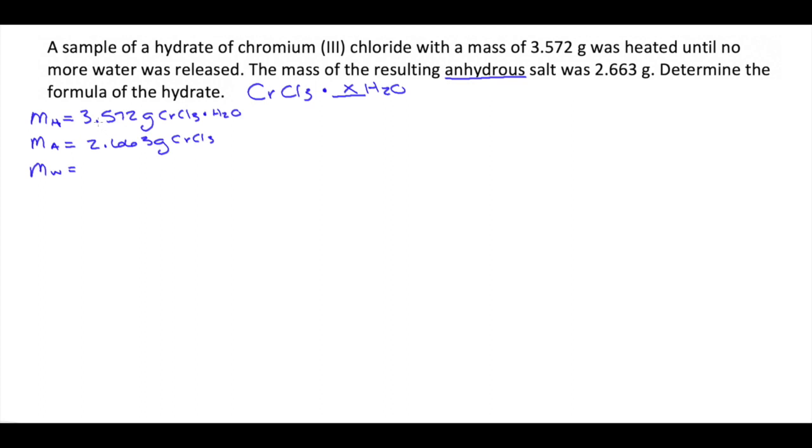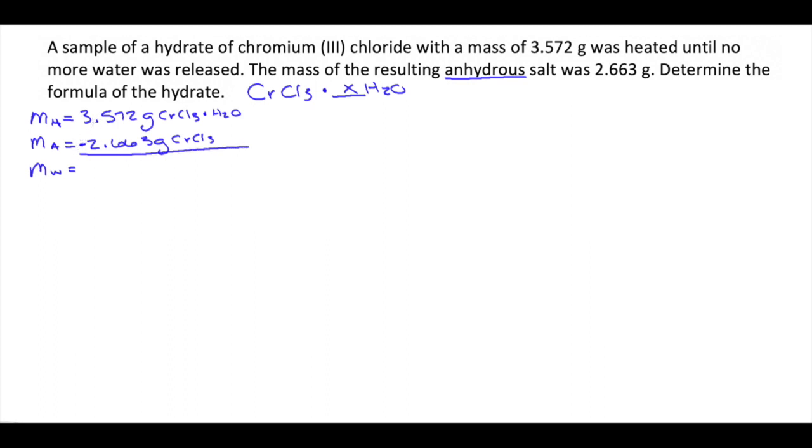And in order to find that, all I need to do is subtract these two numbers. So this is the total mass with the water and the salt in it. And if I just subtract the mass of just the salt, whatever's left is the mass of the water. So I'm going to go ahead and do that in my calculator. I'll draw this out here so you get a visual of what I'm doing.